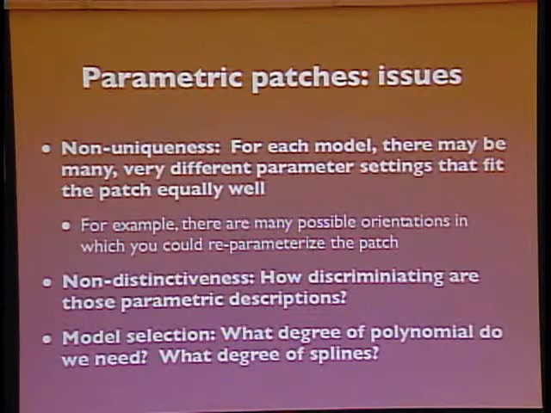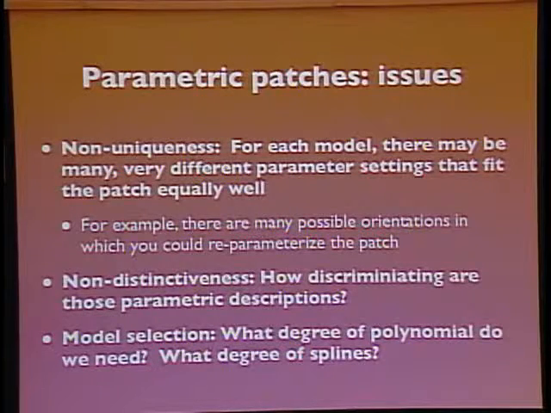One problem here is non-uniqueness, which is to say, for each model, there might be many different parameter settings that fit the patch equally well. If you go back to your parabolic-shaped surface patch just for a minute, if it looks like the top of a bell curve, then you can rotate the thing about its center and get a different parameterization in the sense that x and y and z are in different directions, but they still equally well represent the shape of the object.